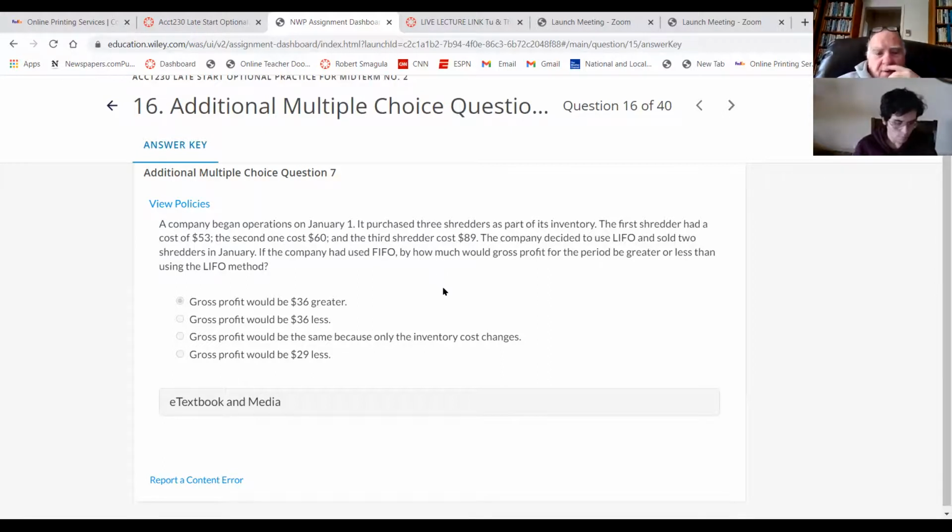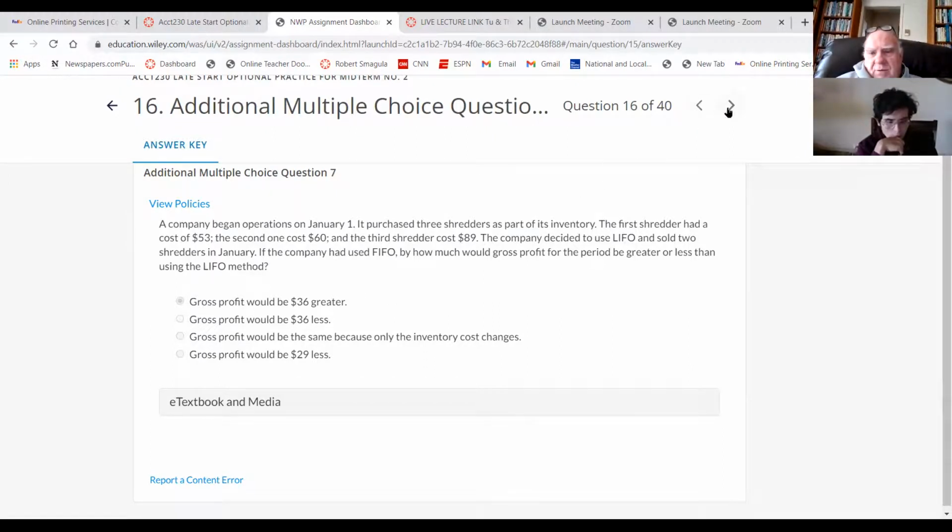So they're stuck with 1. How much would the gross profit be for LIFO and FIFO? Well, under LIFO, the inventory value would be $89 because we haven't sold the new one. Under LIFO, the old one would be there. The difference between the two is $36.